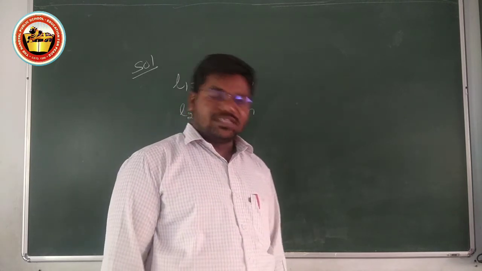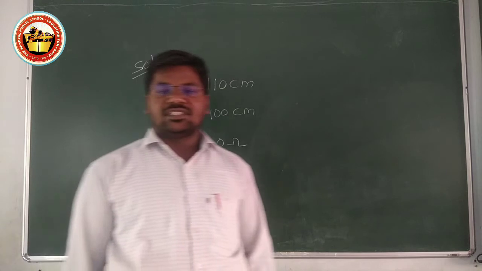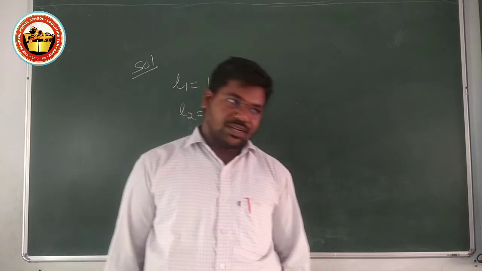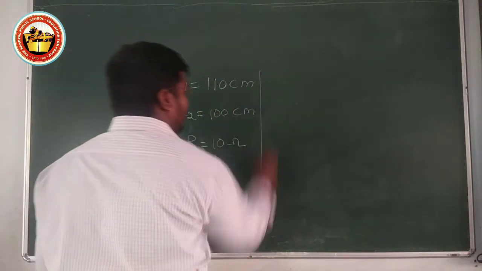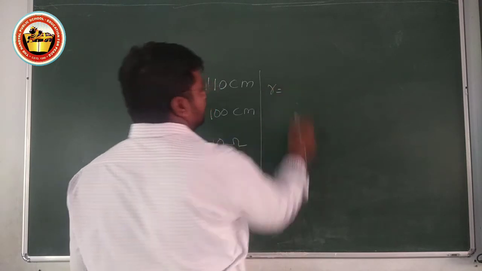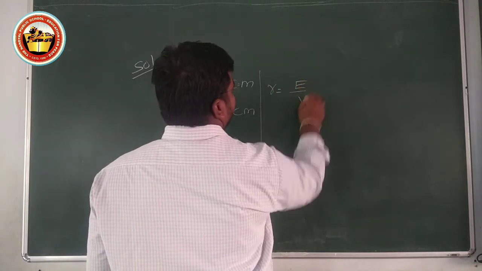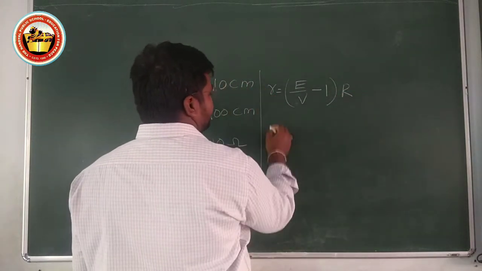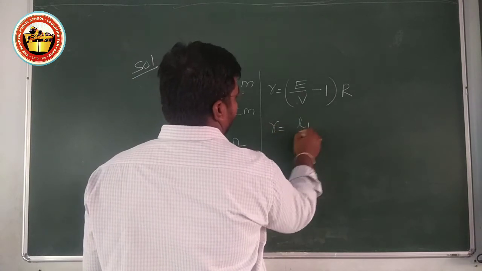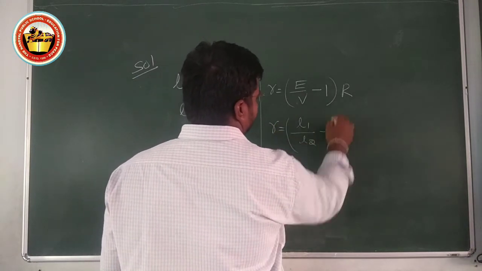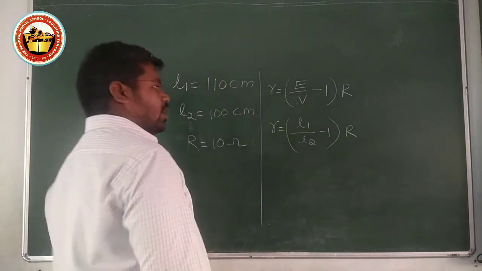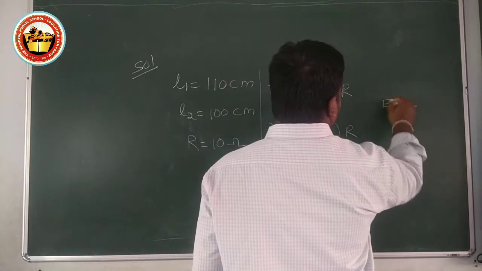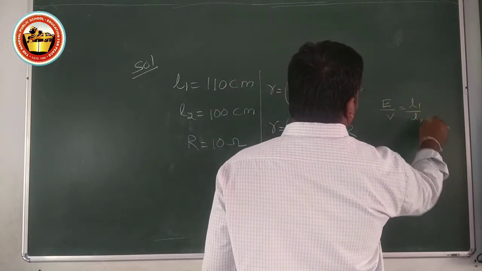How can we find it? By the application of the potentiometer. Using the formula, internal resistance r is equal to E by V minus 1 into R. From the potentiometer we get E by V is equal to L1 by L2.